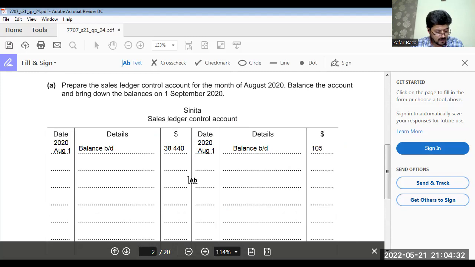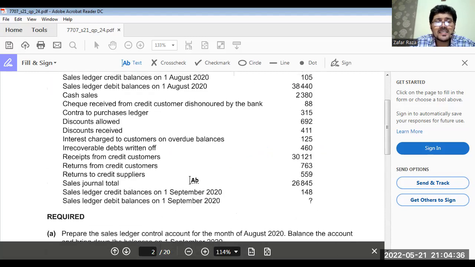Now, all those items which are increasing our receivables. What we don't include in the control account is cash sales. Be careful about that. We do not include cash sales.